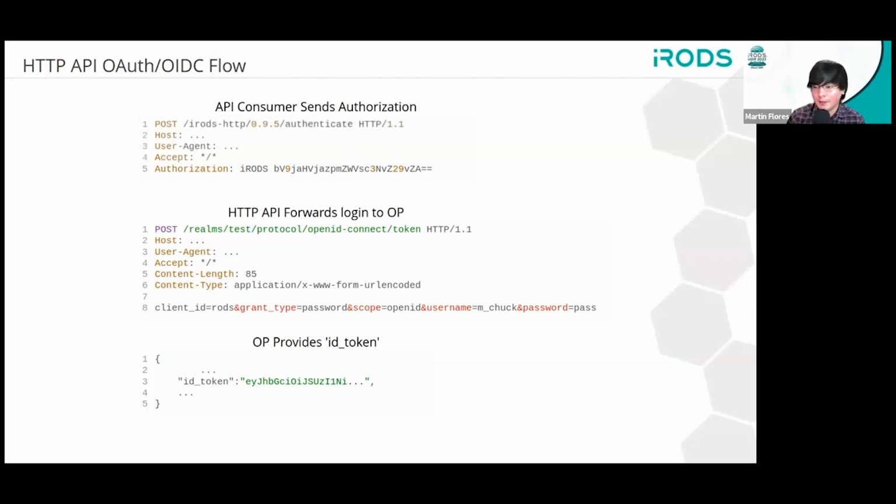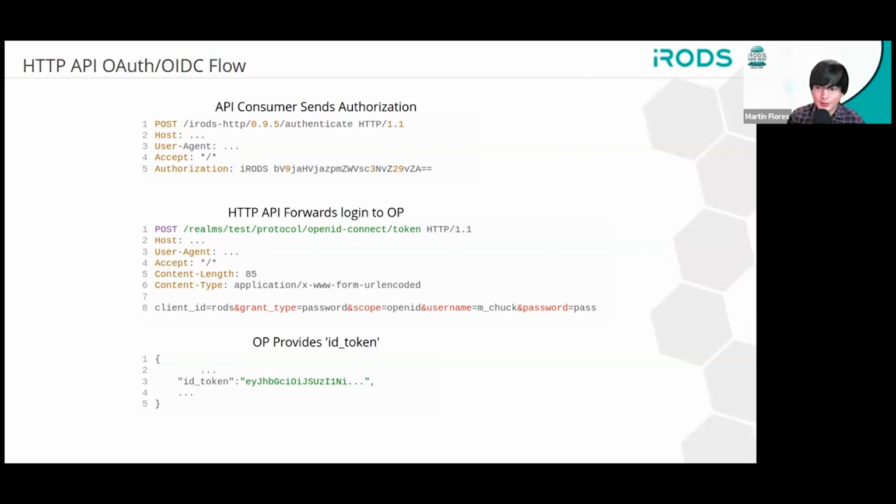From there, the HTTP API would actually extract the username and password, decode it, and extract the information. And then it would effectively convert that information into an appropriate format for the actual token authentication that we do with the OpenID Connect server.